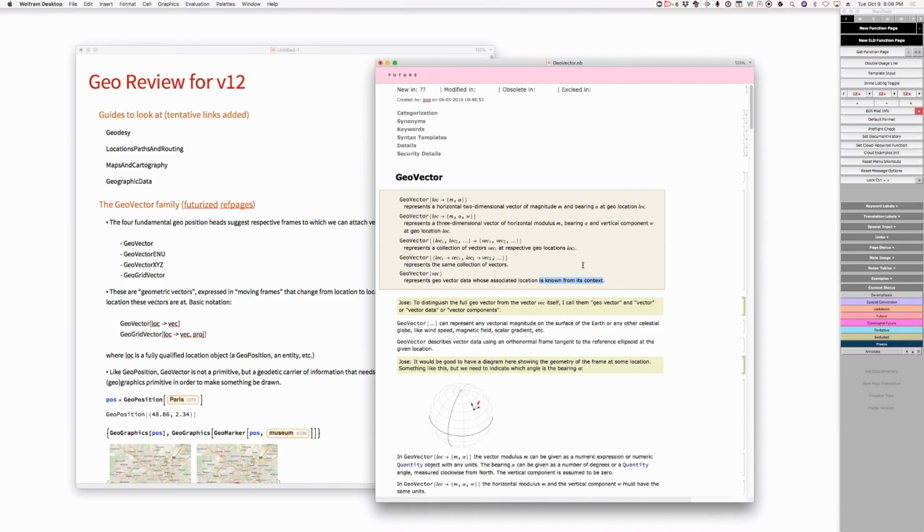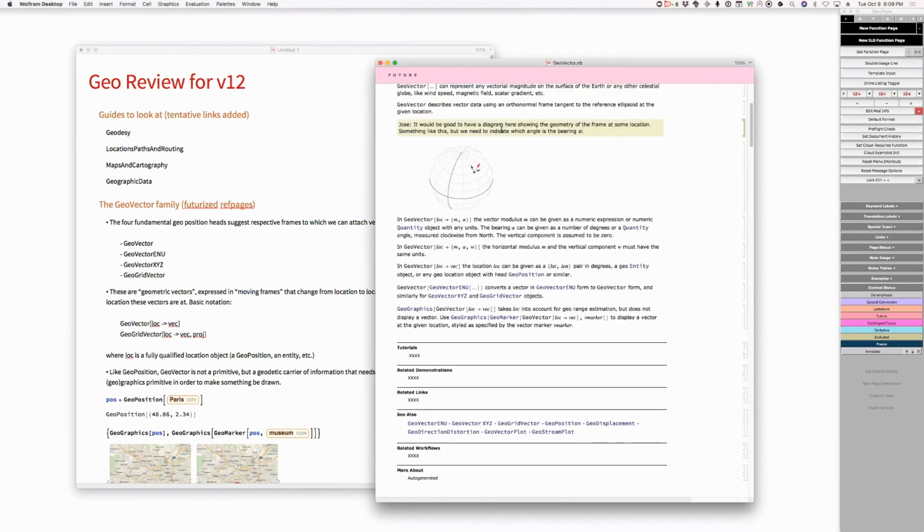GeoVector whose associated location is externally known. Well, how about does not need to be specified? Does not need to be explicitly specified. Is implicitly specified, has been implicitly specified. Yeah, I like that better. Does not need is not correct because it really needs.